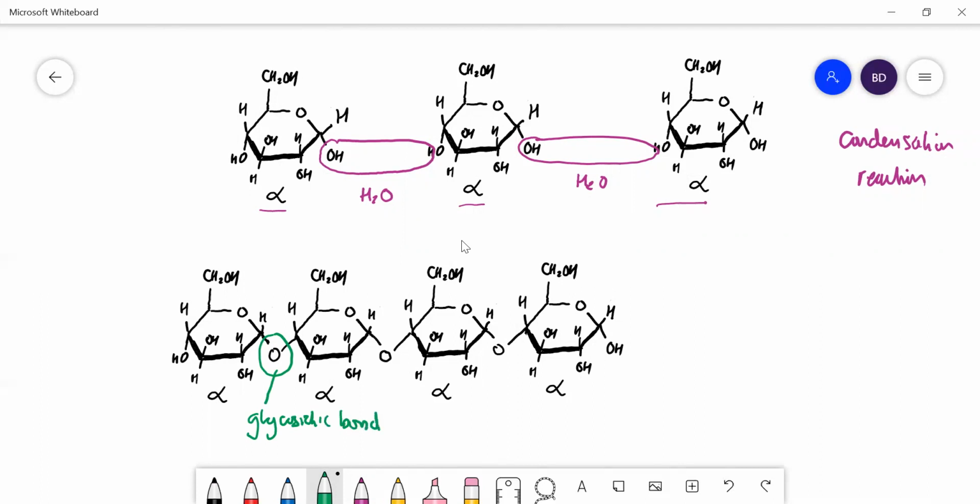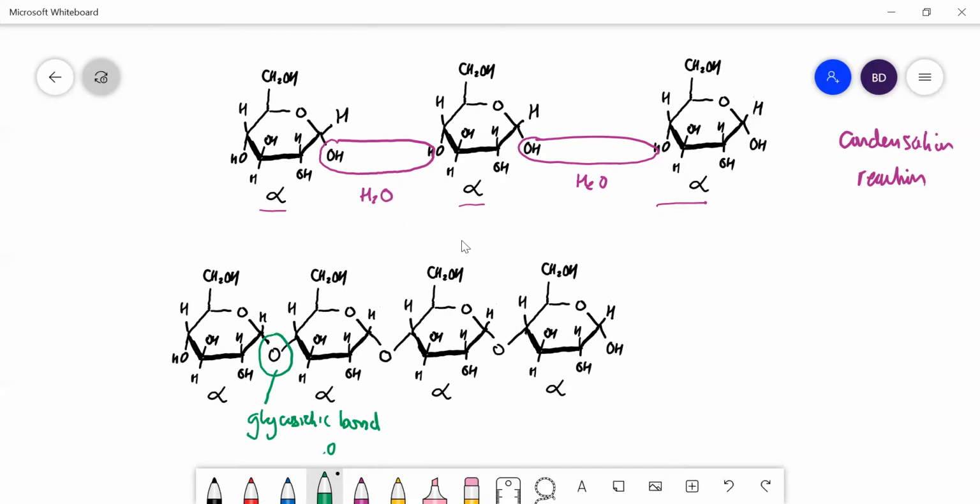So starch consists of thousands of alpha glucose molecules all stuck together by glycosidic bonds. This can be split up, or hydrolyzed. Hydrolyzed means split by water, so you add water back to that glycosidic bond and you get back the glucose. And starch, as I say, is a storage molecule.